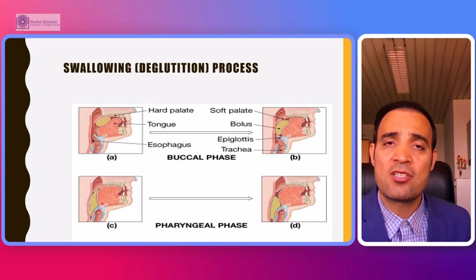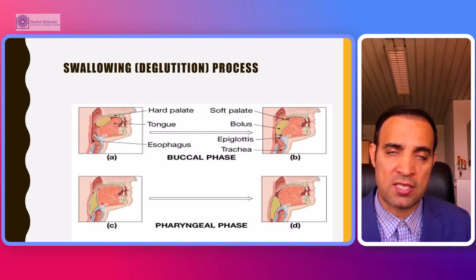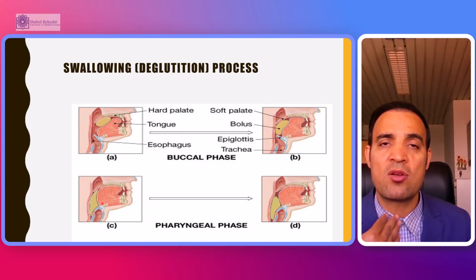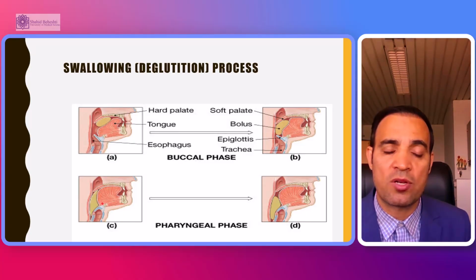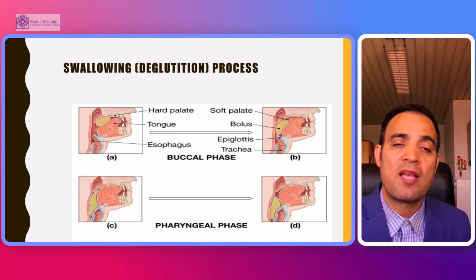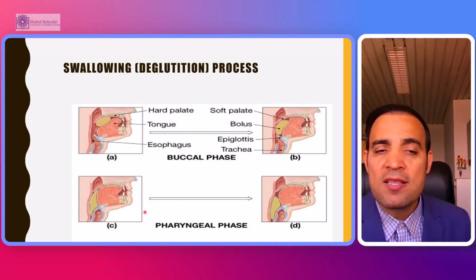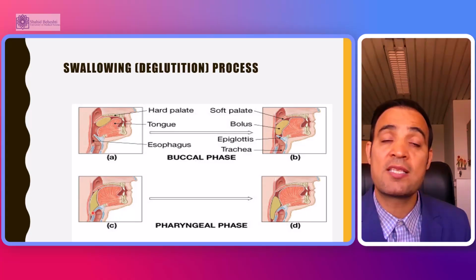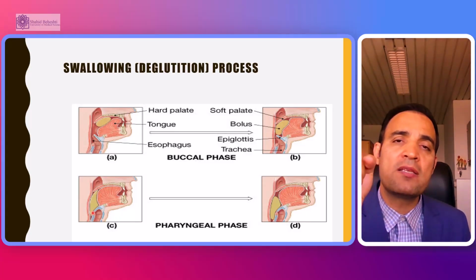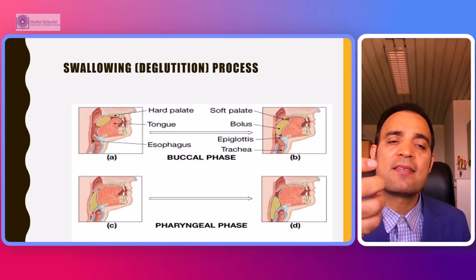At this stage, respiration will stop, and there is no way to breathe, because during swallowing the airways are closed. But at the same time that airways are closed, the upper sphincter of the esophagus, which normally is completely and strongly contracted, will be relaxed.